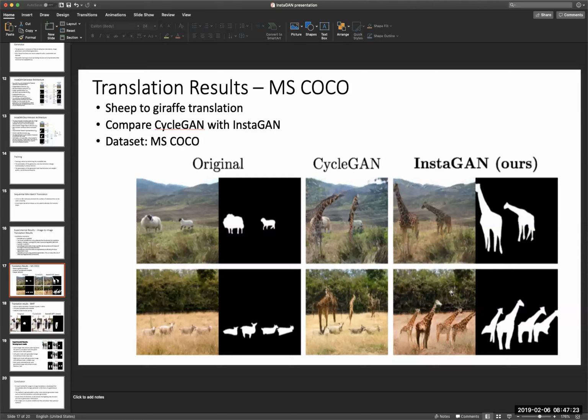It's also interesting to make note of what they called looking direction. If you look at this example, we have these sheep, and if you look at their heads in relation to their body, they tend to be, from the viewer's perspective, on the left side. And on the InstaGAN, that's the case as well.